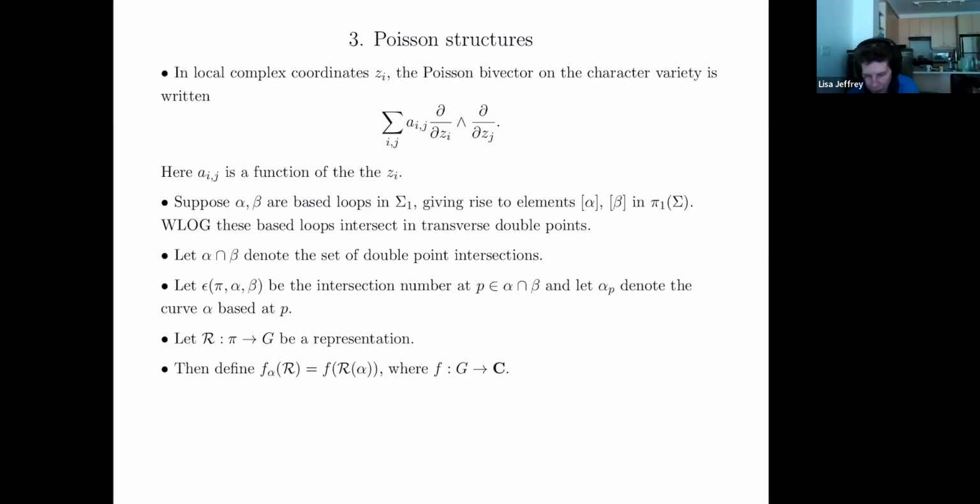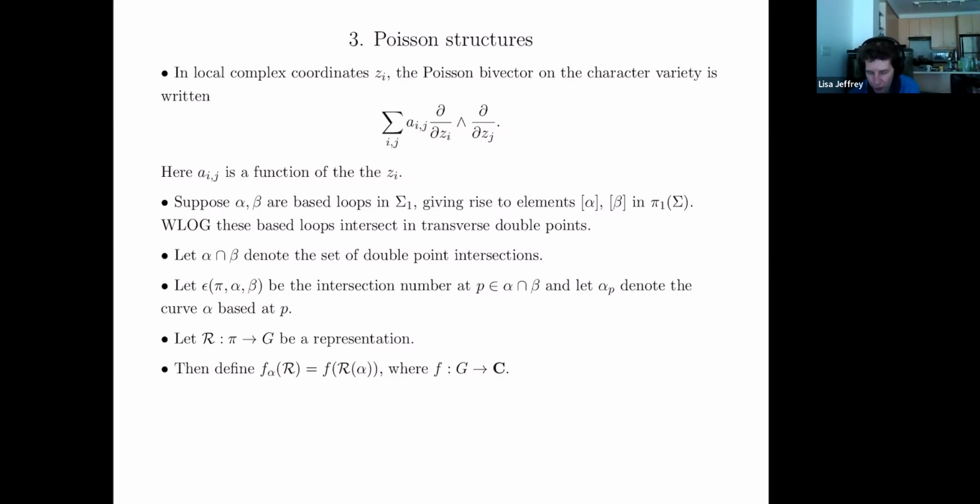In any case, let's see how they are produced. I'll write the intersection number of the double points, and write alpha sub p as this, the same notation as alpha, except we're introducing the base point p. If R is a representation of the fundamental group, then we write f sub alpha of R. Here f is a function from G. This would not have to be a complex function.